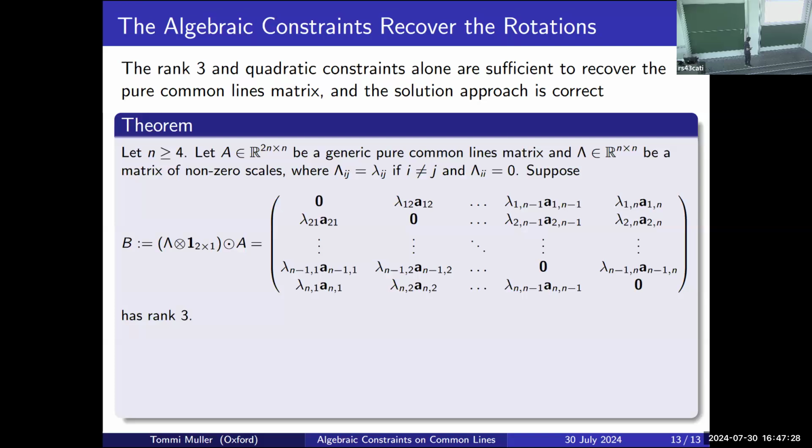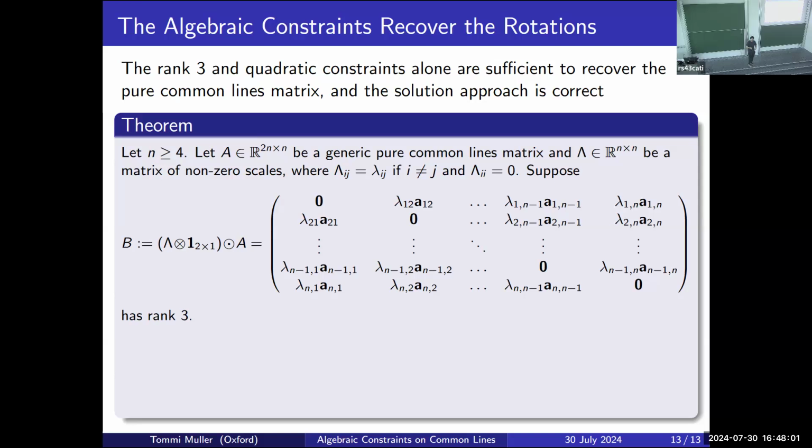So what's the approach? You start with your common lines matrix B. It's made up of a pure common lines matrix A, whose entries have been scaled by these lambda ij's. That's the common lines matrix you get. Now suppose we run ADMM and modify B using ADMM and rescale all the entries of B so that it becomes rank 3.